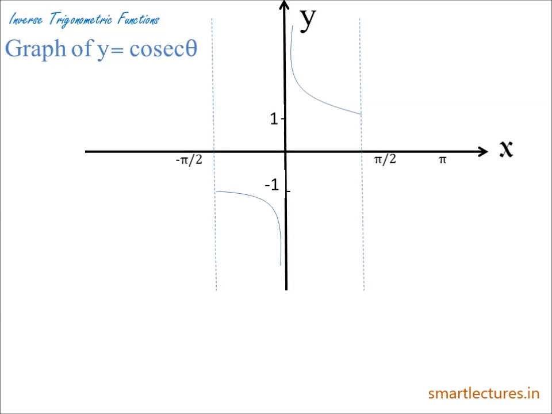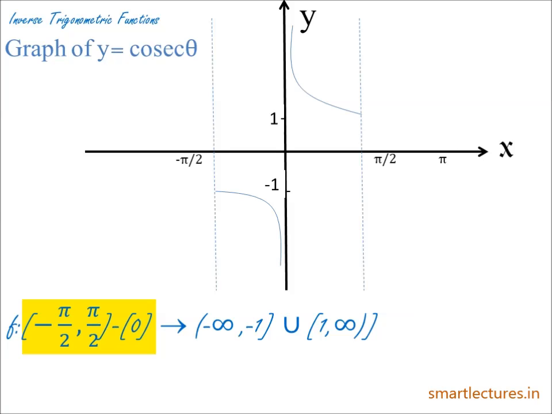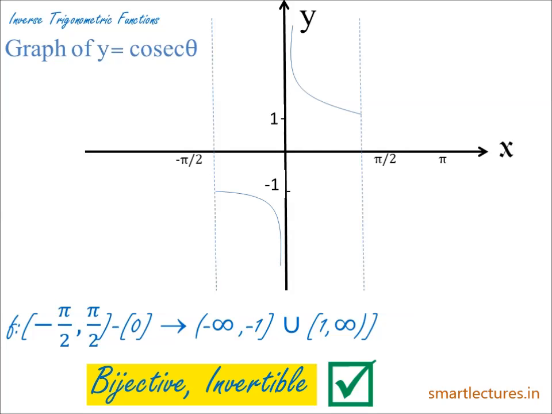Also remember, the function cosecant theta is defined in the interval minus half pi to half pi except at 0, and it has a range from minus infinity to minus 1 and from 1 to infinity. And in the interval minus half pi to half pi, it is also bijective and therefore it is invertible.